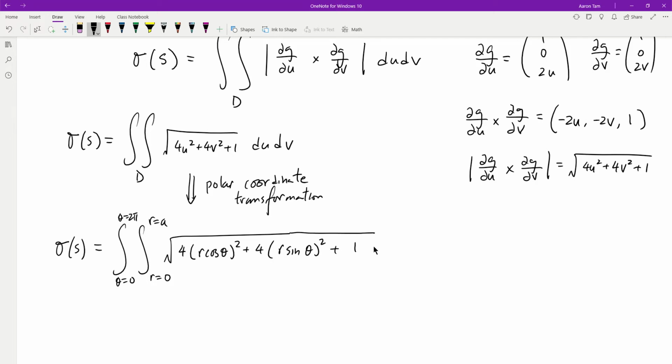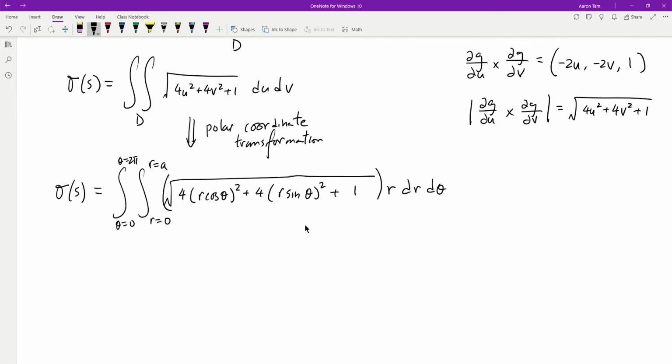And here's the important part to remember: du dv would actually turn into r dr d theta. And remember, the r is what we call the Jacobian determinant.